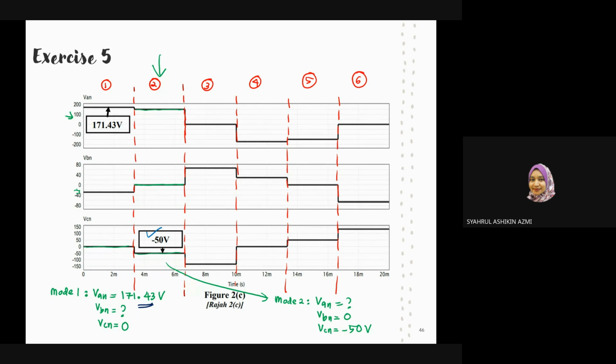Each change of the level, whether going up or going down, indicates a change in the mode. So you can draw the dotted lines accordingly to differentiate the modes from mode 1 to mode 6. So you will have modes 1, 2, 3, 4, 5, 6.